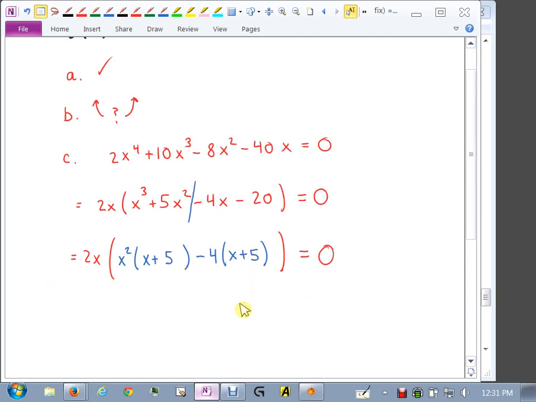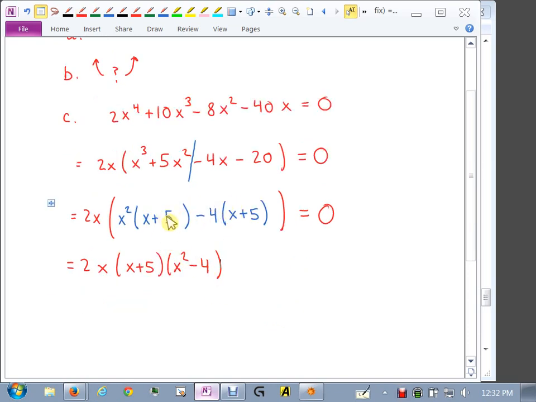Now, what does grouping allow you to do now? Okay, so let me see if you're comfortable with this step. Whoa, that's weird.